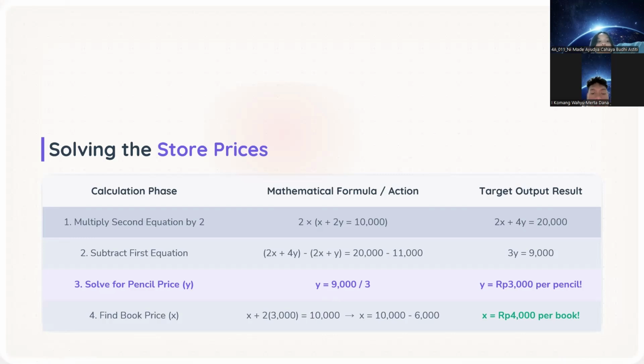So therefore one book costs 4,000 rupiah, and one pencil costs 3,000 rupiah. That's exactly like a real shopping situation. Yes, this is one of the most common applications of linear equation systems.